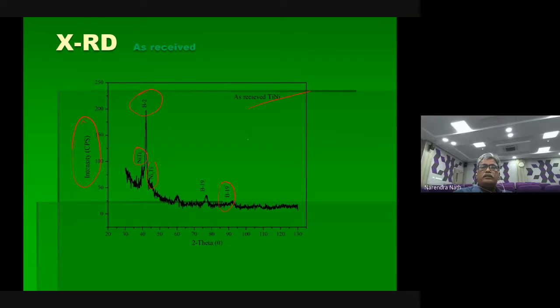So BCC B2 is there, and monoclinic B19 dash is there, and precipitates. Because this is a high peak in the as-received material, most of the matrix is austenite.